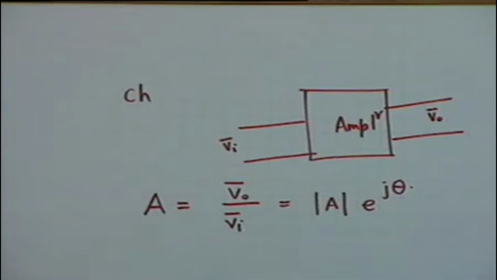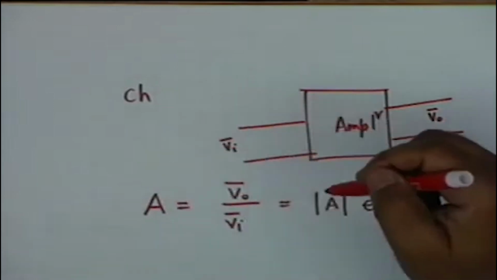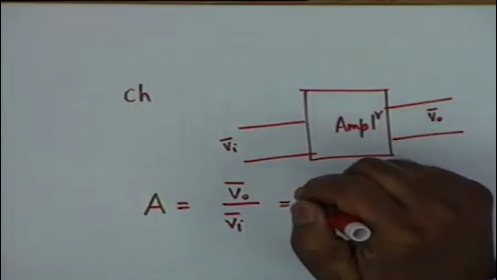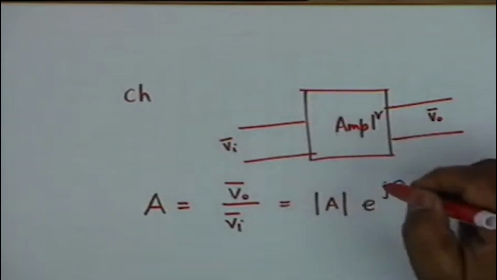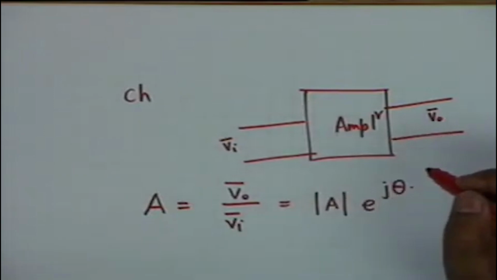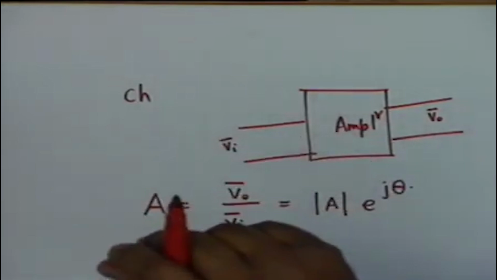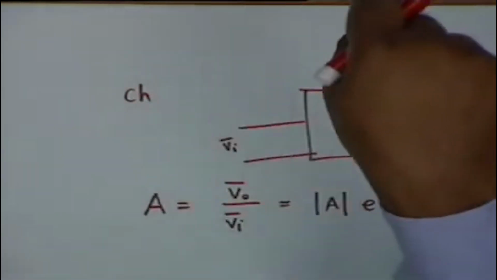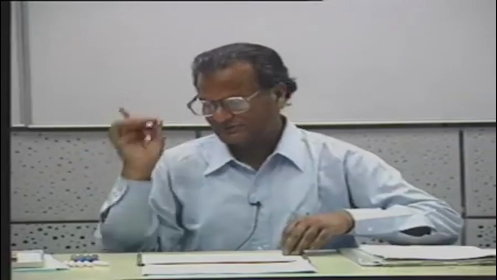If the amplification is dependent on the size of the signal, then obviously equal increments of the input current may not lead to equal increments of the output current. If that does not happen, then you have good amplification.